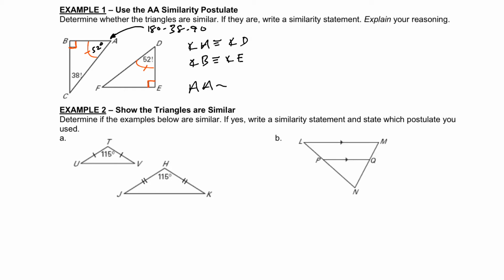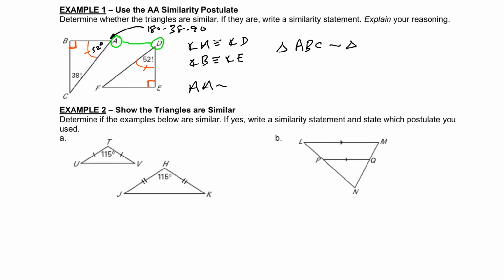And then it says up here at the top that we have to write a similarity statement. So let's do that. Let's call the first triangle ABC. It is similar to triangle, and then we have to match up the vertices in the correct order. We can see that angle A corresponds with angle D. Those are both the 52-degree angles.